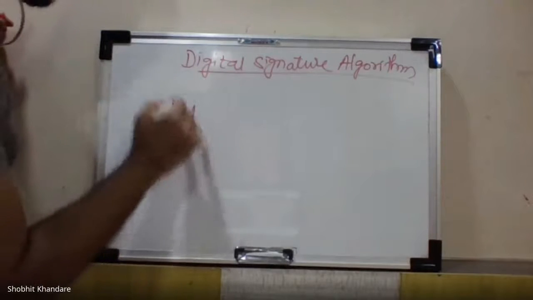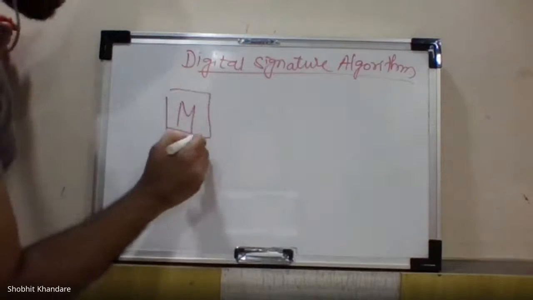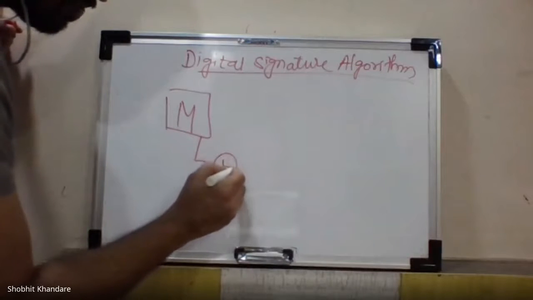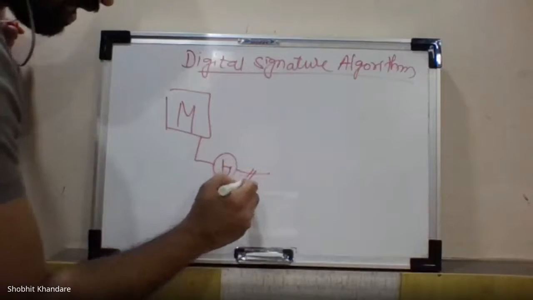So we know that we have a message. By using the hash function, we generate the hash code.